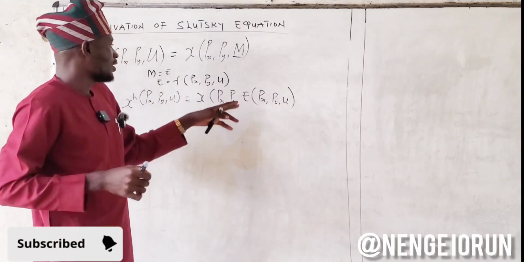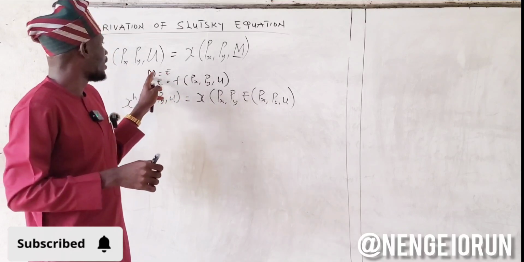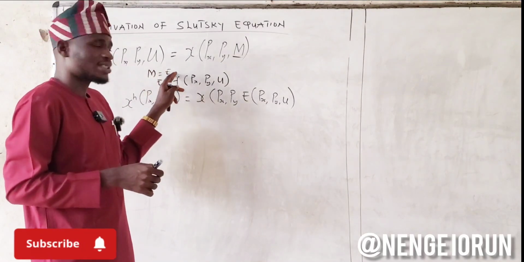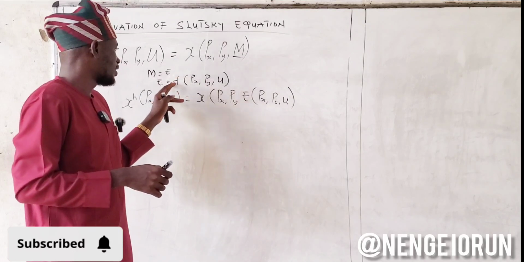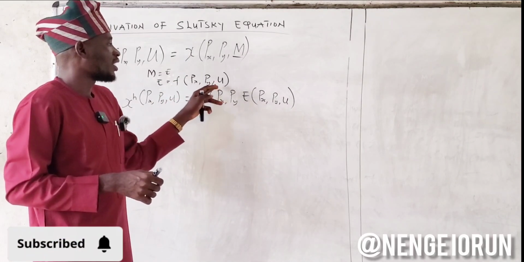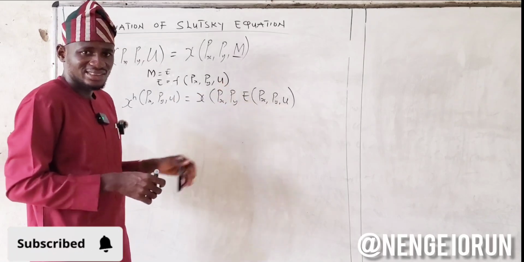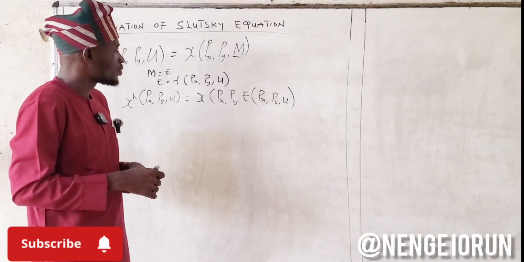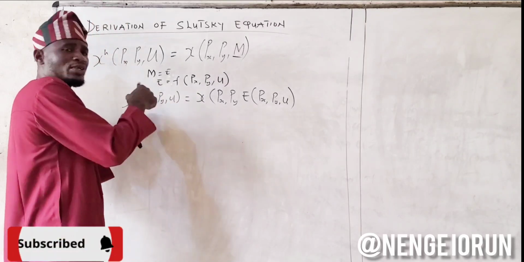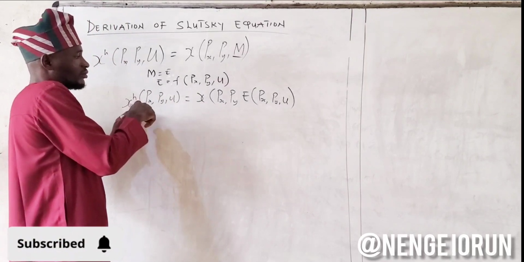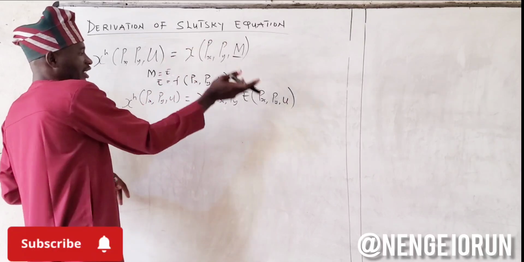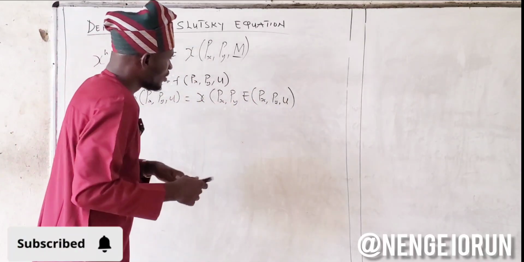We are using M equal to E. Income equals expenditure, and the expenditure function is a function of prices and utility. So now, I'm going to take the partial derivative of x with respect to Px, and E with respect to Px.